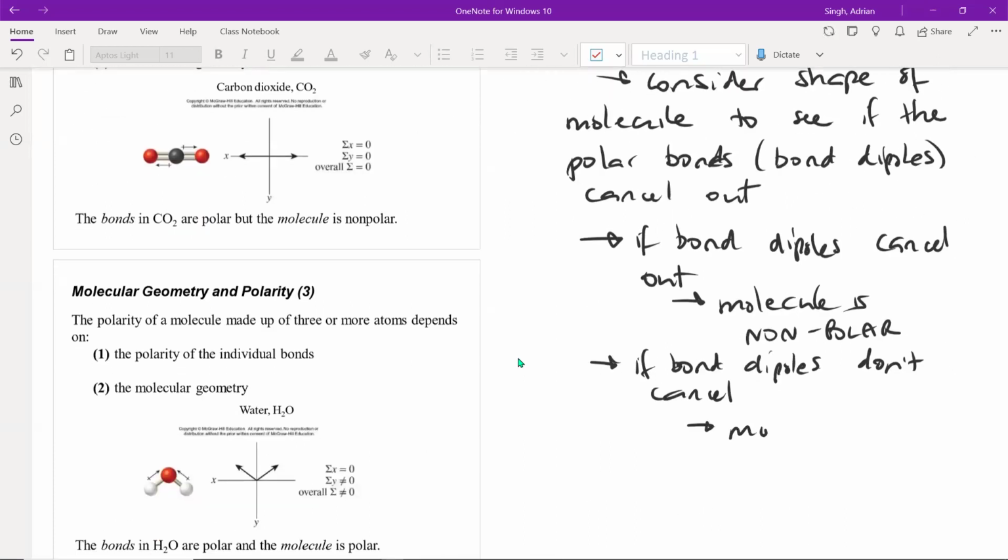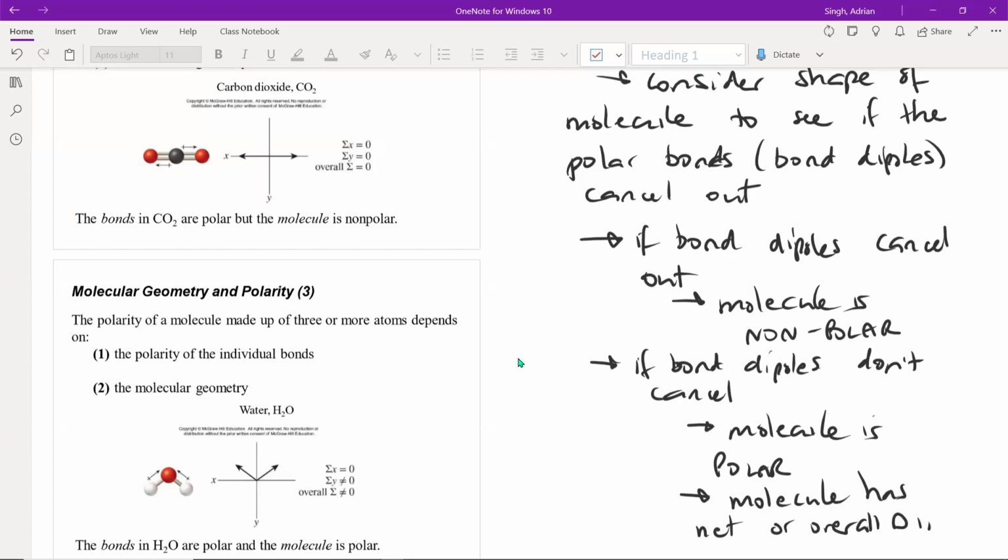And then we say, as a result of this, the molecule has a net or overall dipole. Okay, that's the terminology that we're going to use.